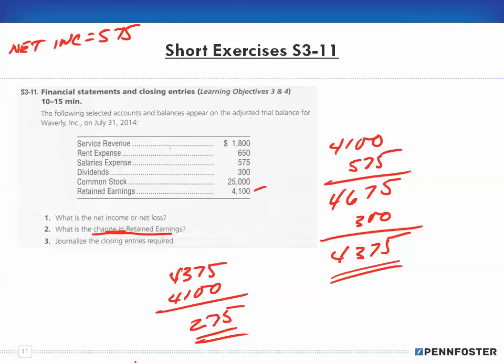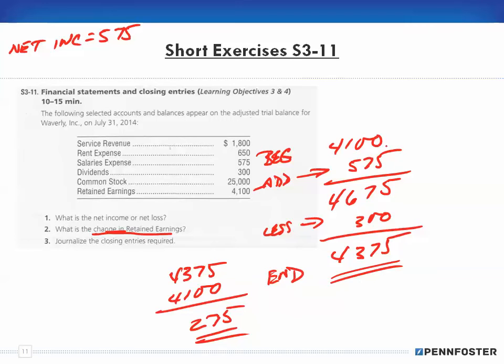Now, since we're also talking about a change, all right, I'm going to present this in a slightly different manner, and this is probably the way I would have done it. Remember, this here is your beginning, okay, and then we're going to add in our net income, and then we're going to less our dividends to end up with our end.